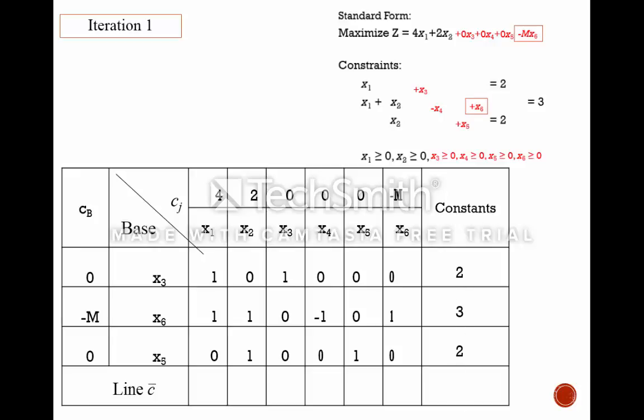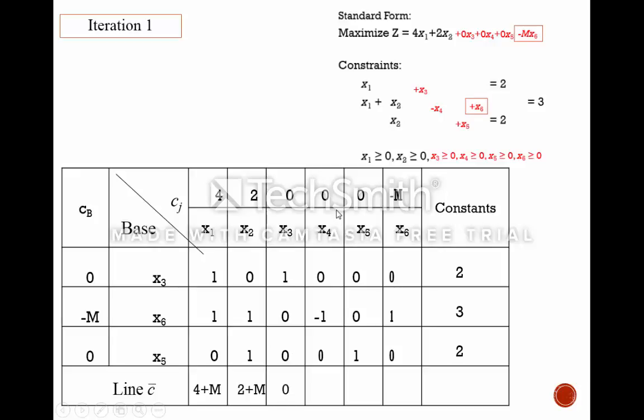And now we calculate the row like this. 4 minus 0 times 1, minus M times 1, minus 0 times 0, and we get the result 4 plus M. And the second is 2 minus 0 times 0, minus M times 1, minus 0 times 1, and we get the result 2 plus M. And the third is 0 minus 0 times 1, minus M times 0, minus 0 times 0, and the result is 0.